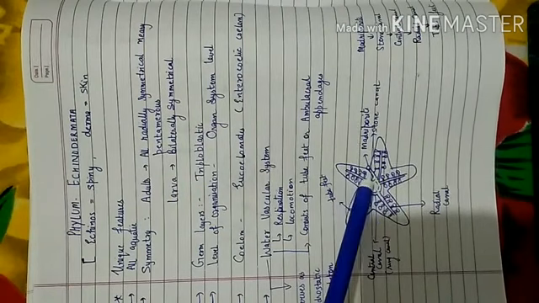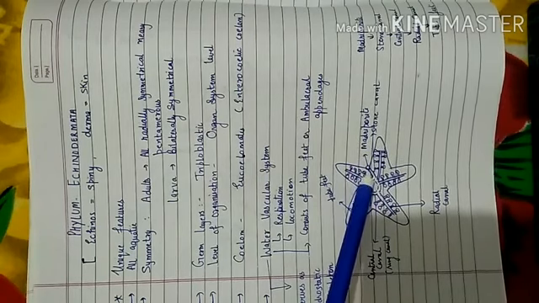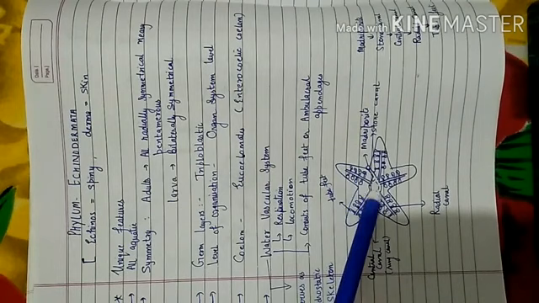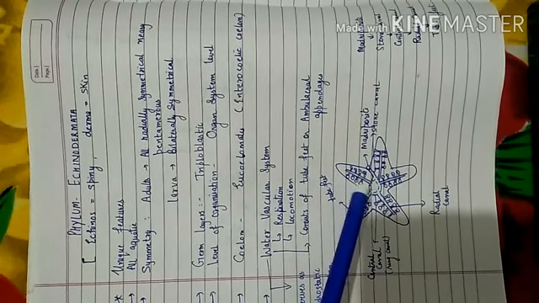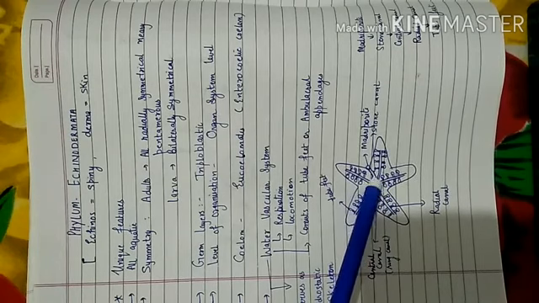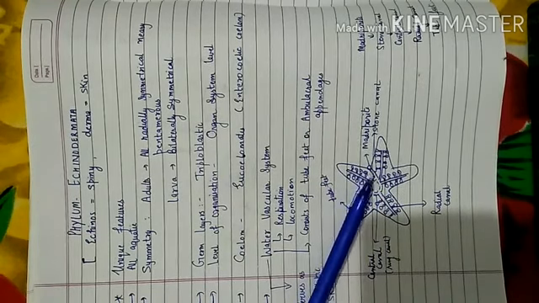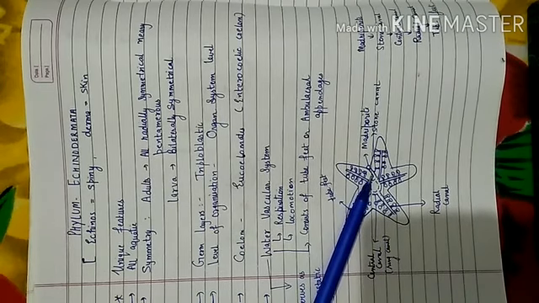On their body there is a pore present, that is known as madreporite. Through this pore the water will enter in their body, and this pore finally opens into the stone canal. So this is the pore here, known as madreporite. It is opening into a canal that is referred to as the stone canal.